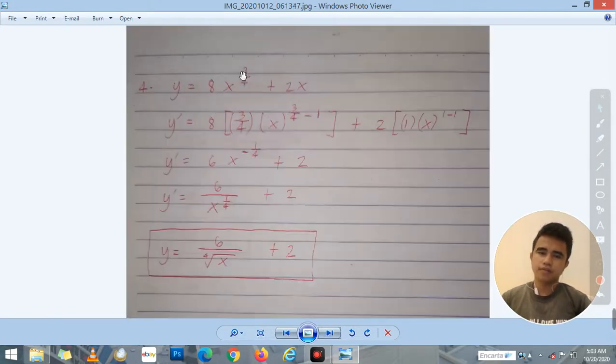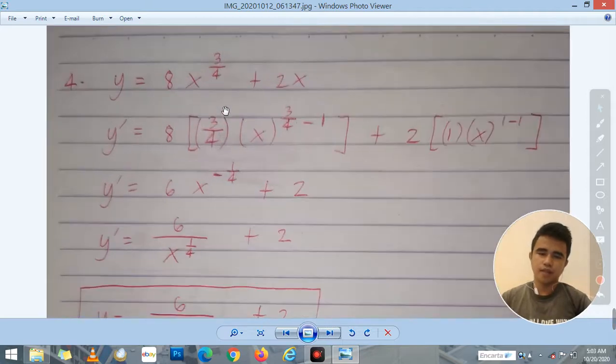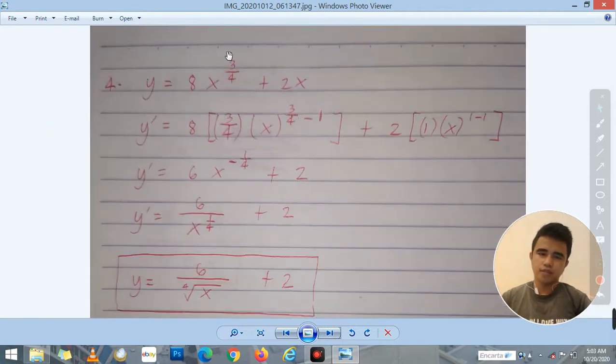Number 4. The derivative of a sum. Again, we have two terms. We can derive separately these two terms. The first is the derivative of a constant multiplied by a function.